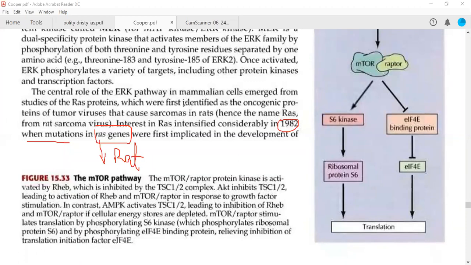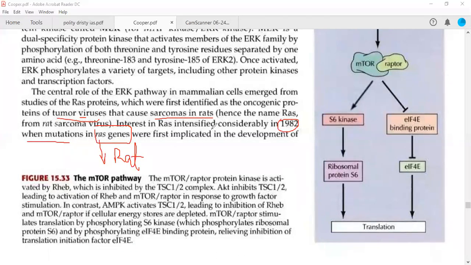Okay, so it was first identified that the oncogenic protein of tumor virus, so some tumor virus is having some oncogenic or tumor-inducing proteins that cause sarcoma in rats. This is called RAS. Therefore the name came as RAS for rat sarcoma virus.